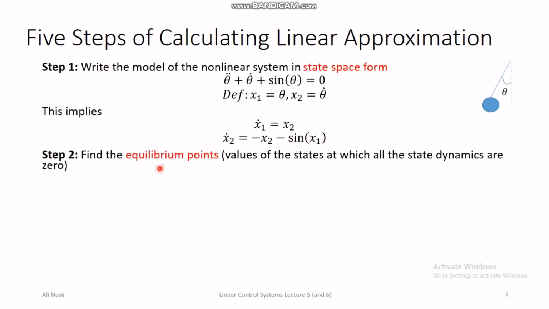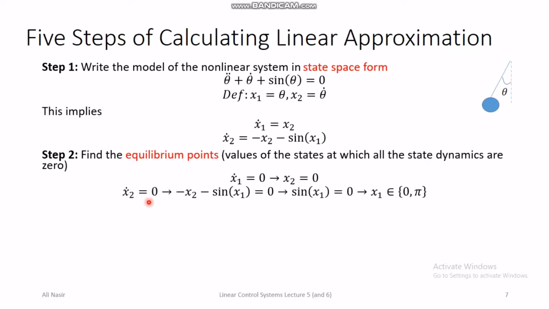Step 2, find the equilibrium points, the values of the states at which the state dynamics are 0. For example, x1 dot will be 0 if x2 is 0, and x2 dot will be 0 if minus x2 minus sine of x1 is 0. Since x2 is already 0 for making x1 dot 0, we only need sine of x1 to be 0 in order to make x2 dot equal to 0.